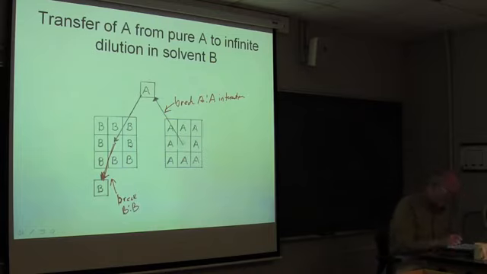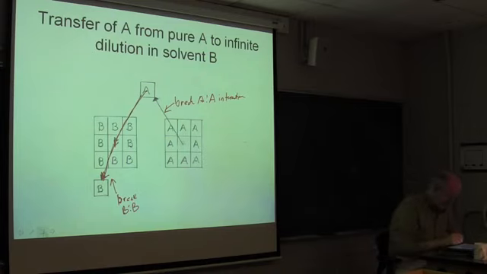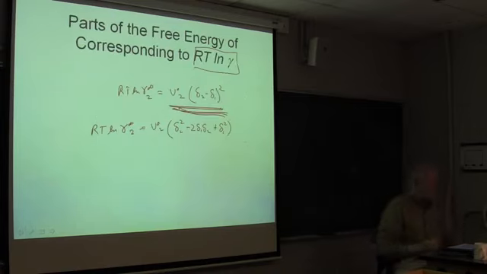And then we can slide this A molecule into the B's, and we're going to make A-B interactions. So there are 3 different intermolecular interactions involved in the mixing of pure liquid A into pure liquid B at infinite dilution of A in B. And that's why there are 3 terms over here.